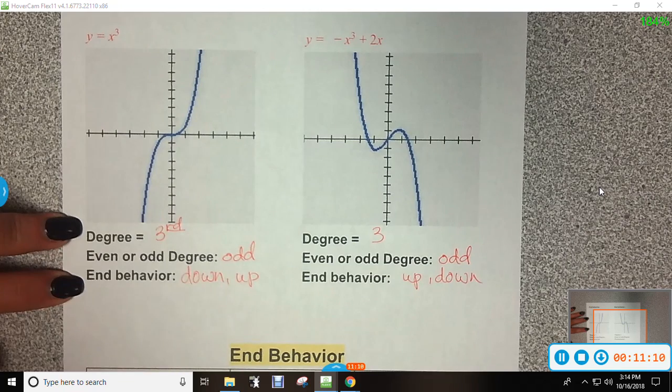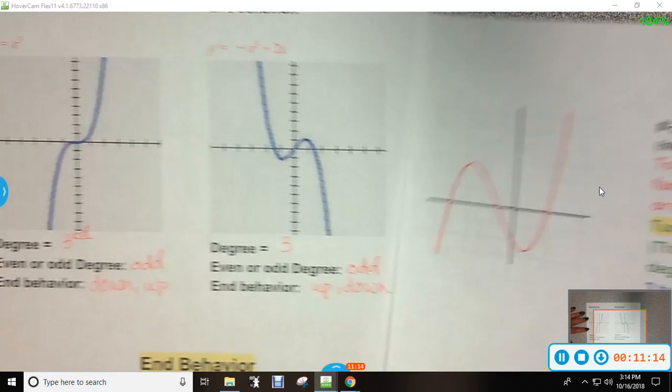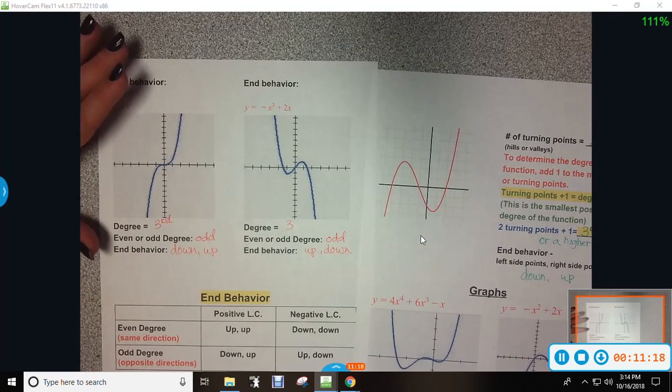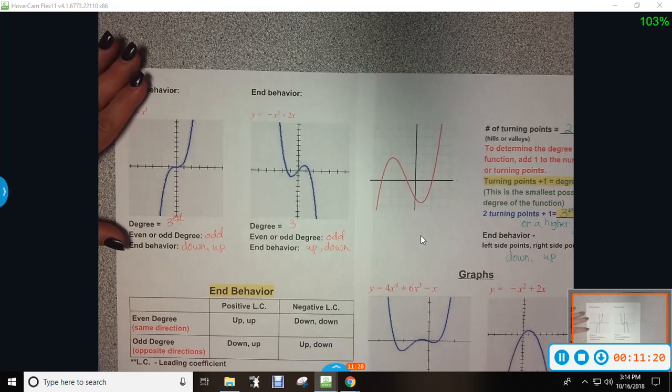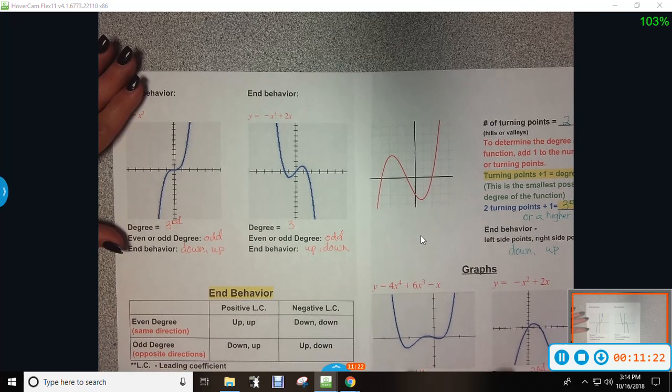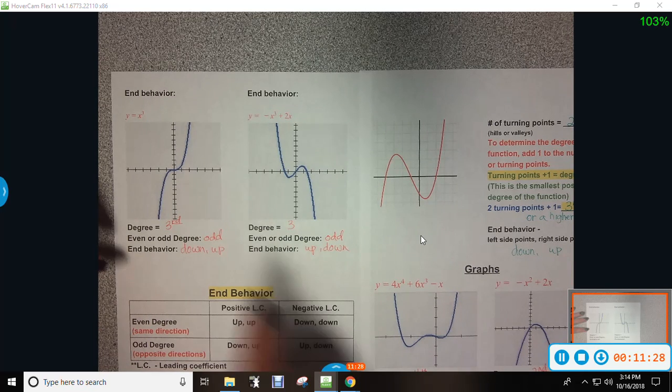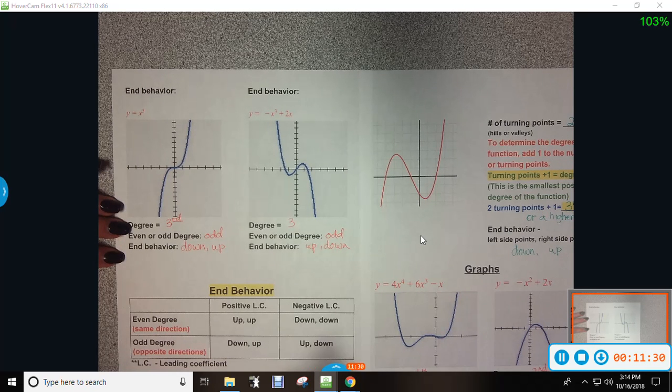So now, I want to go back and zoom out. Okay, all 3 of those graphs there at the top are all odd degree functions. What do you notice about the end behavior of those? They go opposite directions, don't they?